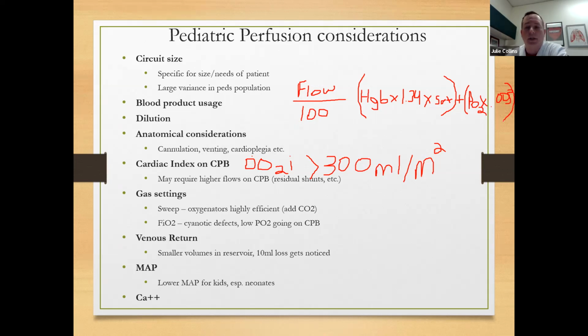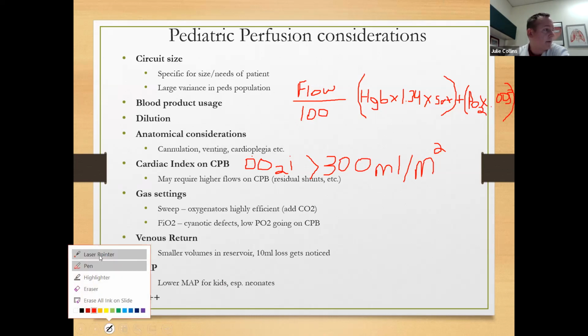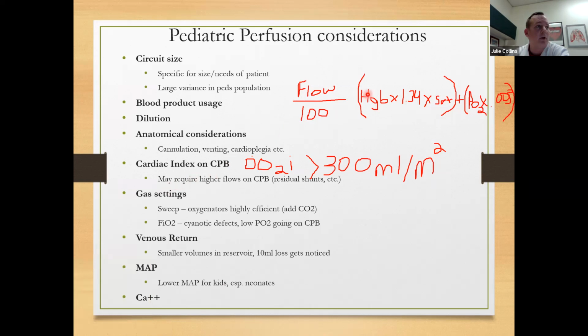So we've got to get oxygen content first. Let me show you. We take the hemoglobin, times the constant 1.34, times the saturation percentage. Add that to the PO2 times the dissolved oxygen constant, which is 0.003.